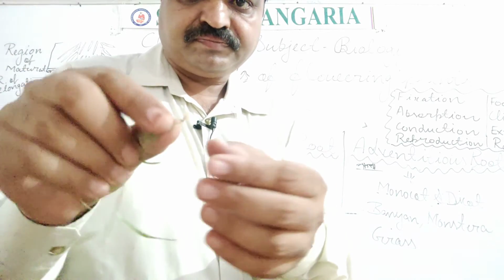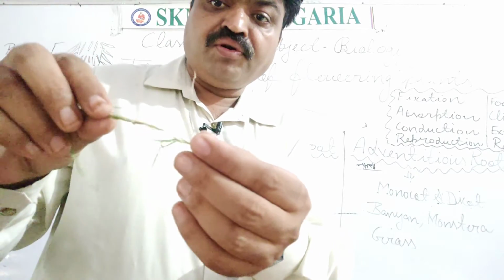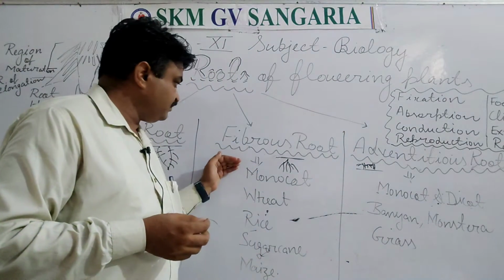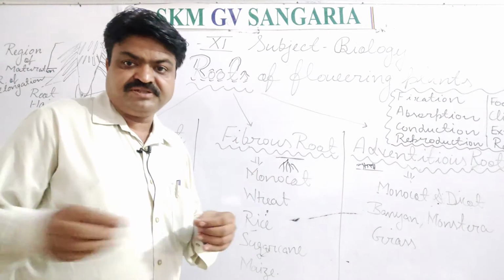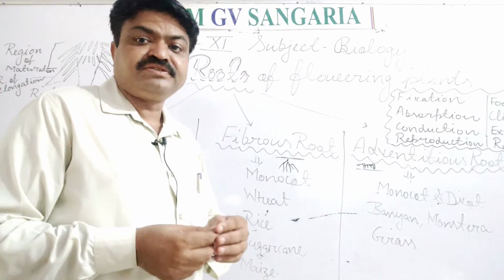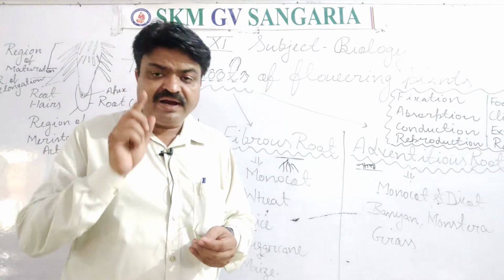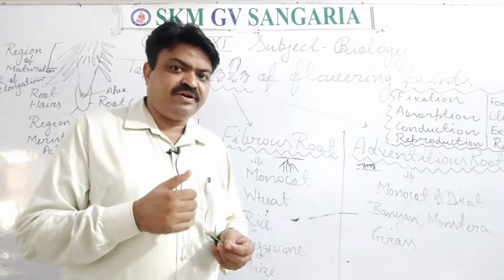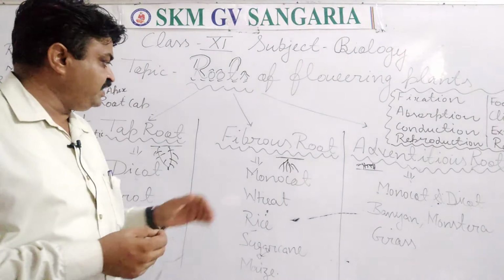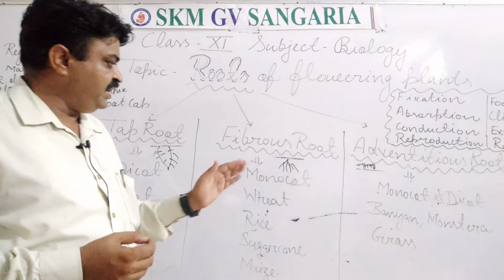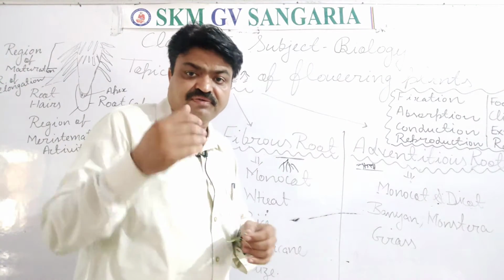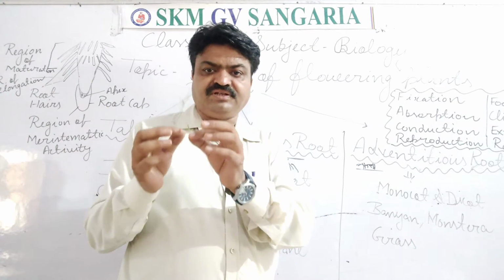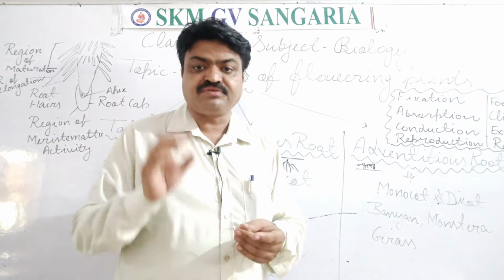It is a monocot, and it has the fibrous root, because in this the radicle of the embryo develops into the primary root, and the primary root degenerates or ends. After the ending of the primary root, fiber-like structures develop, and those fiber-like structures are known as fibrous root.